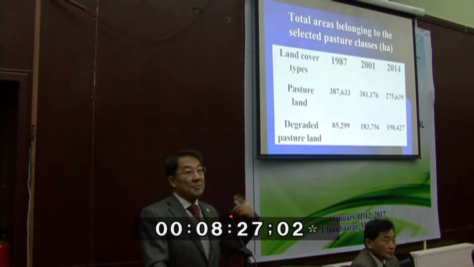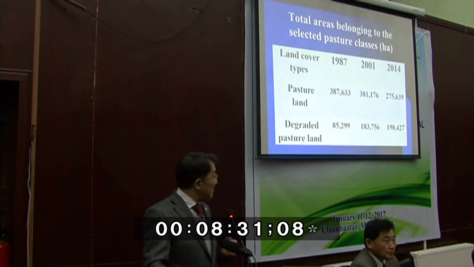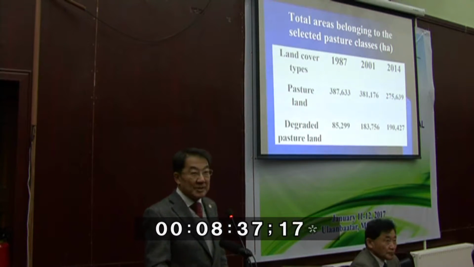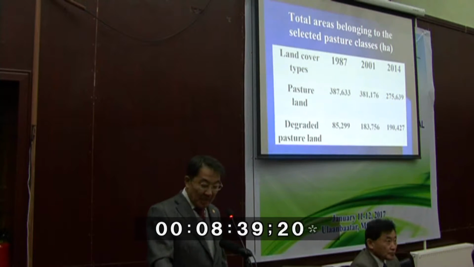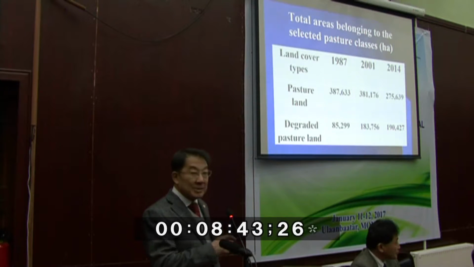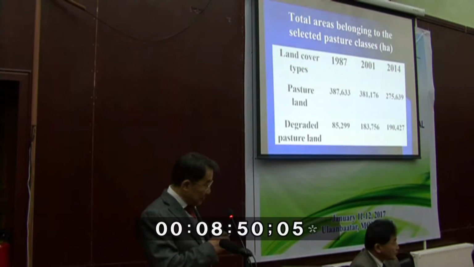And when we evaluate pasture land changes using the latest data sets acquired in 2014, the pasture land decreased to 275,000 hectares. Meanwhile, degraded pasture land increased to 190,000 hectares.